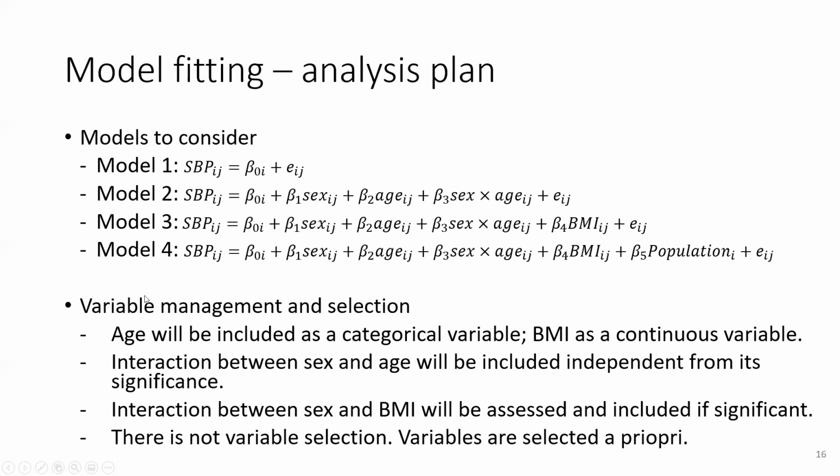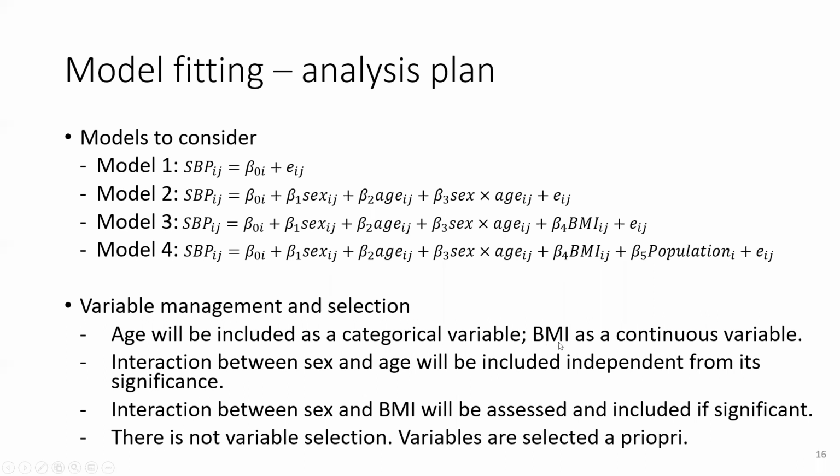For variable management and selection, age will be included as a categorical variable. When I did the assessment, age was roughly linearly associated with systolic blood pressure, so we could include it as a continuous variable, but in this example, I just decided to include age as a categorical variable.